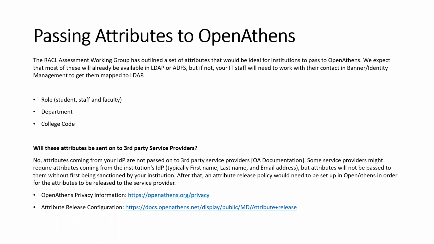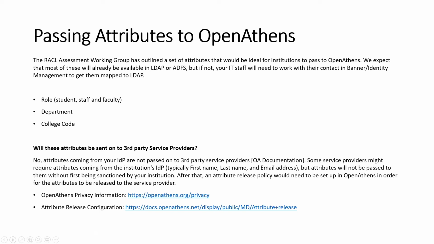The first three bullets are the actual attributes that we're recommending: role, which is student, faculty, or staff, in that order; department or college code, which I mentioned in the stats tool demo. Not all three have to be passed, and it's not limited to just these three if you wanted to pass more. But these are the ones we've recommended that would give the best data analysis.